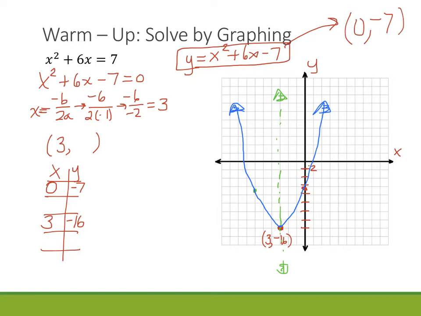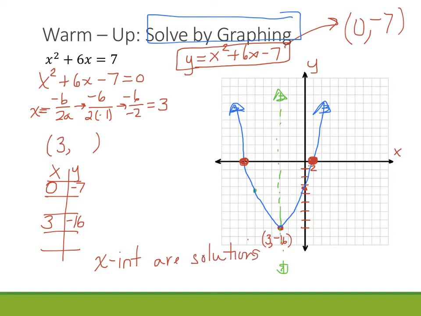Now, I was asked to solve by graphing. So when I look at the graph, where do I find my solutions? Well, my solutions are wherever the graph crosses the x-axis. So the x-intercepts are the solutions. So let's write that down. X-intercepts are solutions to the equation.